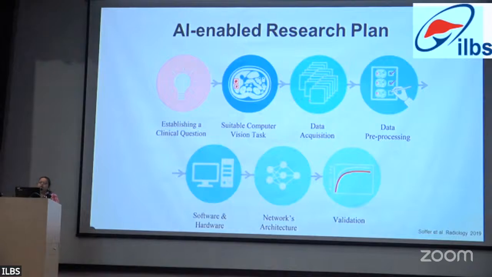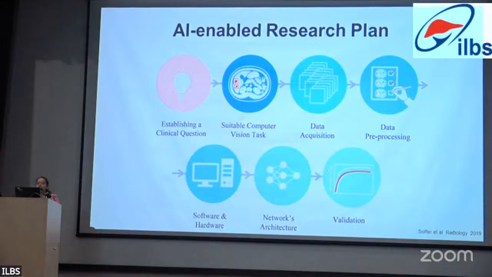Data collection, good quality data and its pre-processing to make it usable for the AI model is a very important step. The next steps: we need to understand what software is available to solve our problem and the required hardware level, and then the model parameters, the hyperparameters, and the structure of the model need to be tuned for our application.